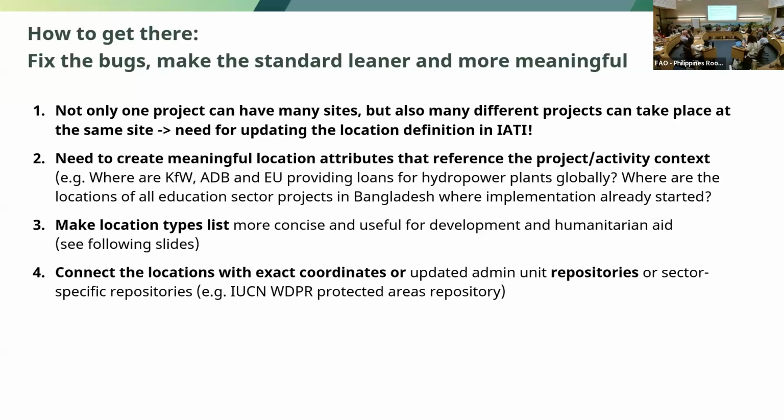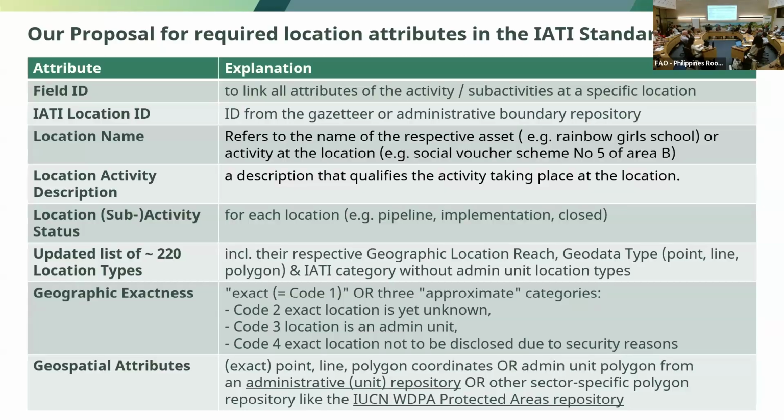And then last but not least, to connect the locations with the exact coordinates, or to connect them to useful and updated admin unit repositories, or, which is also fascinating, sector-specific repositories like the IUCN Protected Areas repository. And if you know more useful repositories, by the way, please let us know. Then we will include them in our draft proposal to IATI.